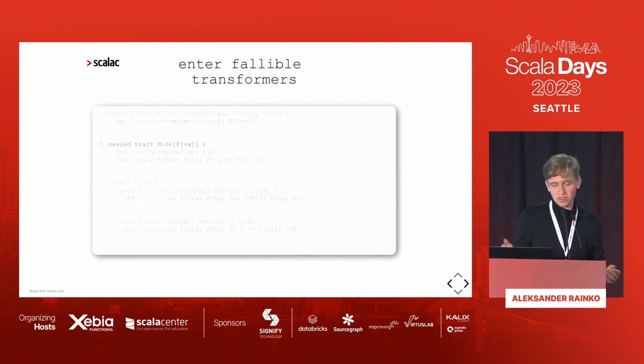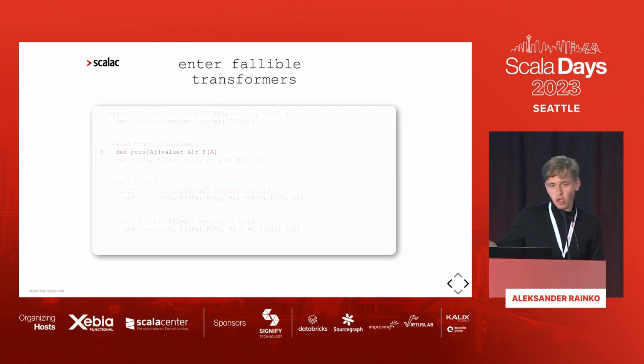And a mode, as I said, comes in two flavors, accumulating and fail-fast. But a mode has another application here. It also gives us some information about the abstract type F, some operations rather, that we need to actually create those transformations, right? So all modes have a pure method. A pure method is basically a method that wraps an arbitrary value into that wrapper type.